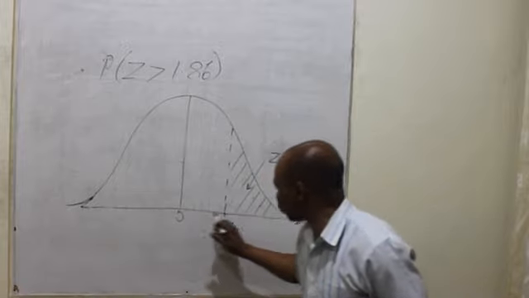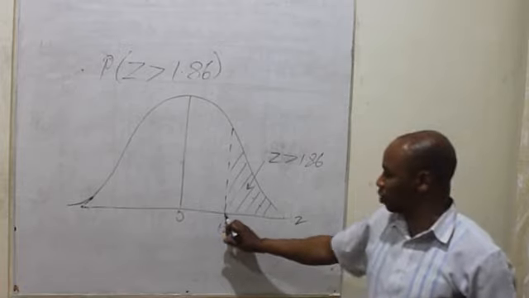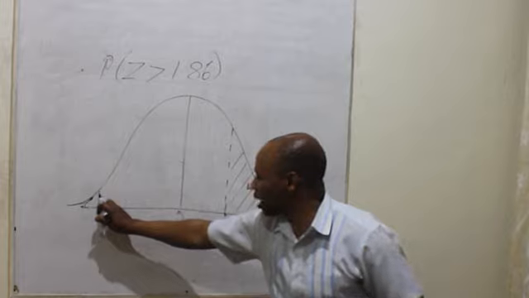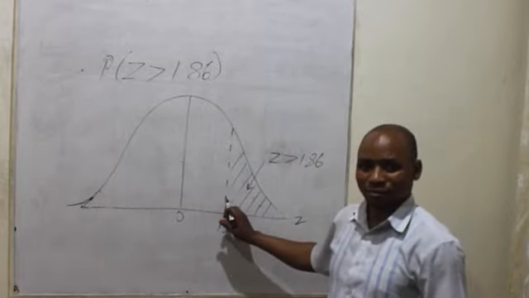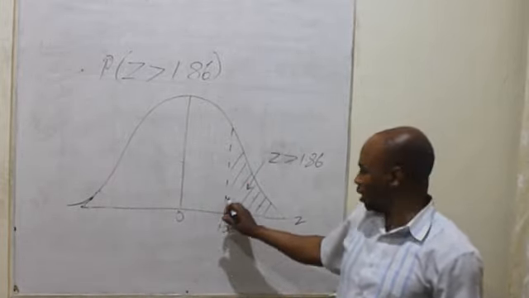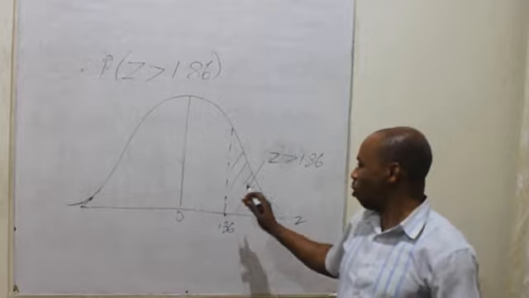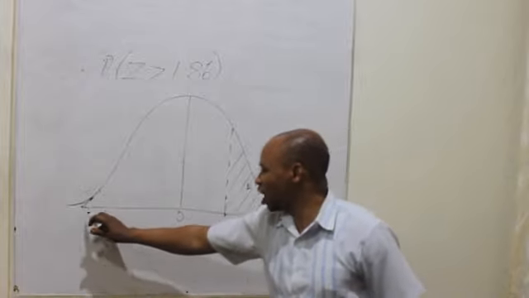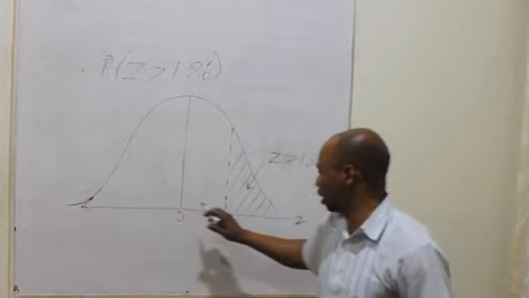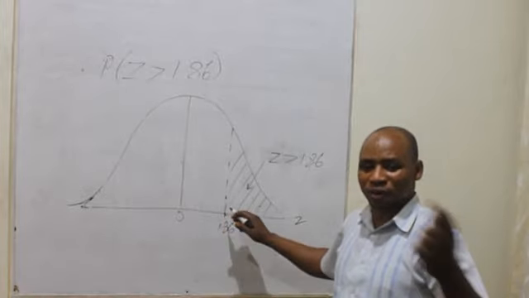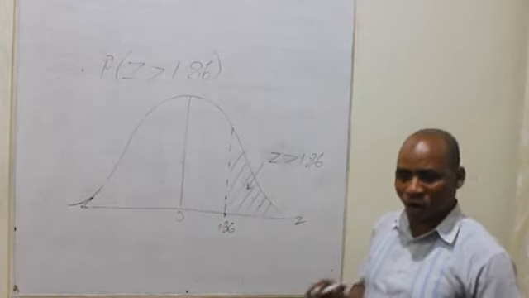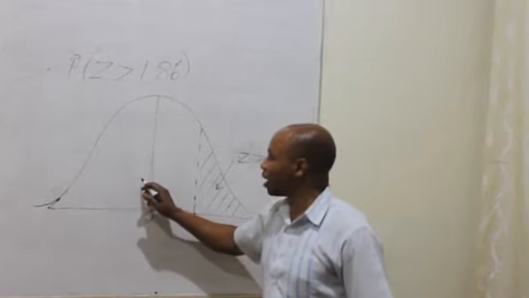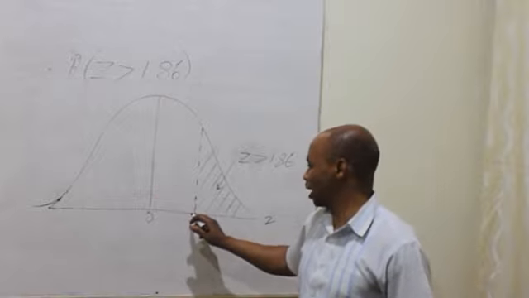Don't forget, the normal distribution table will always give you the area from left to right. And this time we are looking for the area on the right. So the best thing to do is to first find the area from the left, then subtract it from the total area under the normal distribution curve.